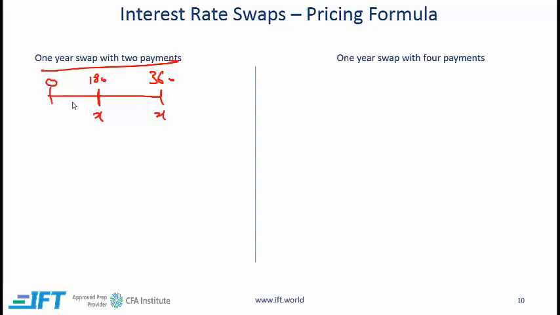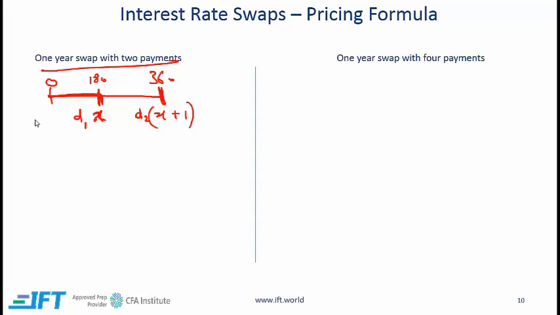So here is what we are saying. We know that we need to calculate X. That's the fixed payment at the end of 180 days, and then at the end of the swap, you get the coupon payment X plus 1. We've also calculated the discount factor. So let us just say that the first discount factor is D1, and then the second discount factor is D2.